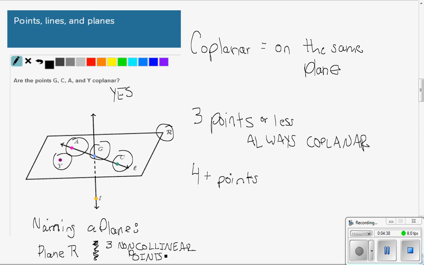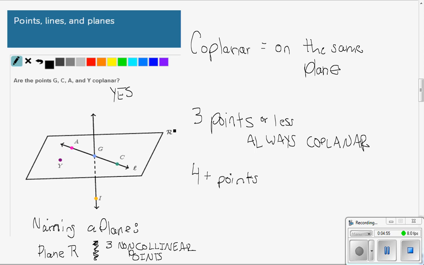So they're coplanar, but they're not collinear. Why are they not collinear? Because if they were collinear, there would be more planes that they could be on at the same time. So we just have to pick 3 points that are on the plane that are not on the same line.